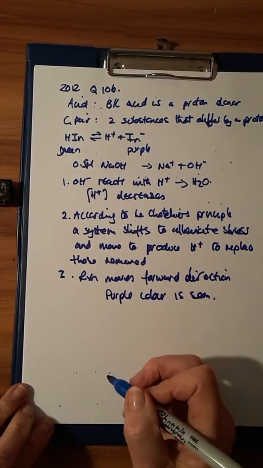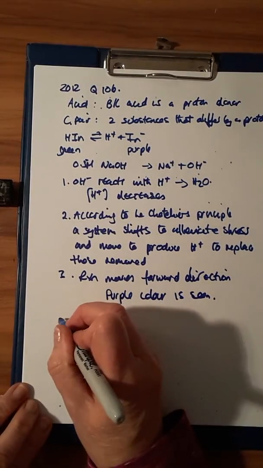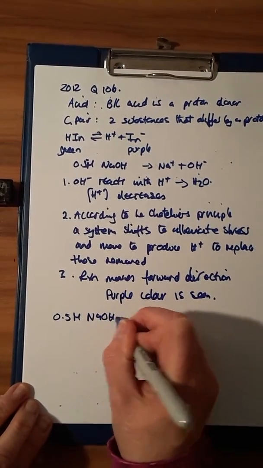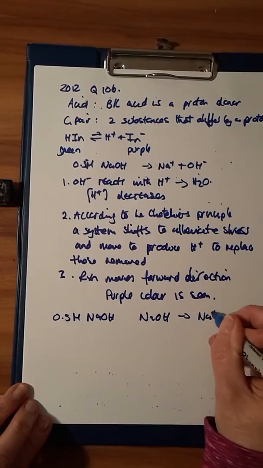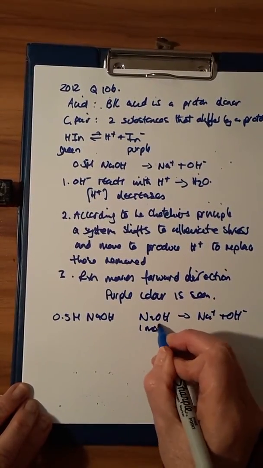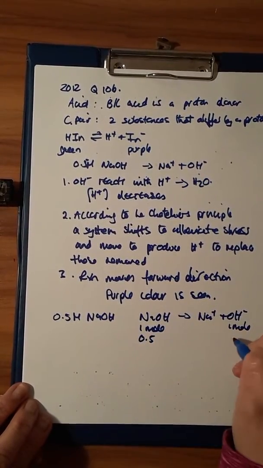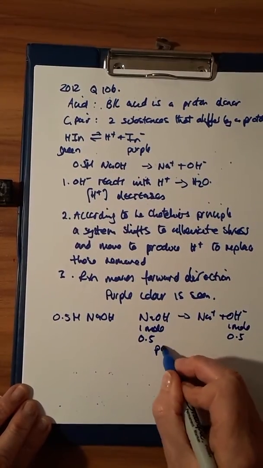Right, next bit. Calculate the pH of a 0.5 molar NaOH solution. So NaOH, of course, splits up into Na plus and OH minus. So 1 mole of NaOH gives you 1 mole of OH minus. 0.5 moles of NaOH will give you 0.5 moles of OH minus. So we're going to find the pOH, of course.